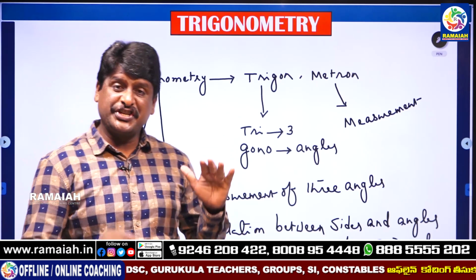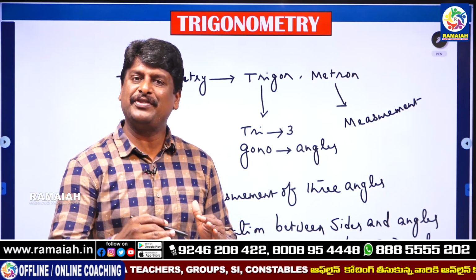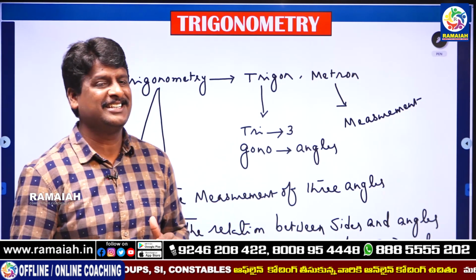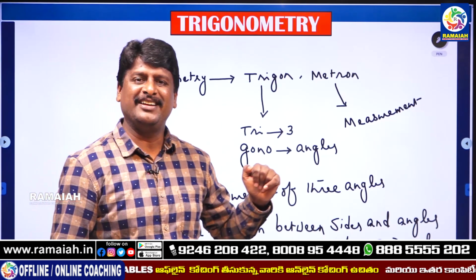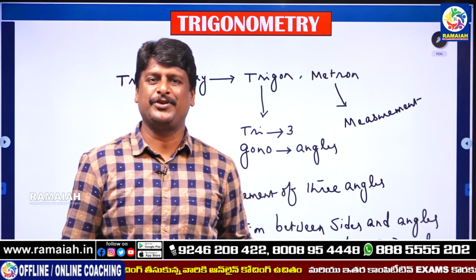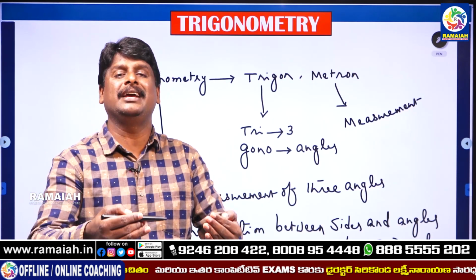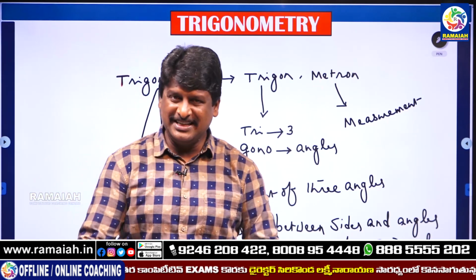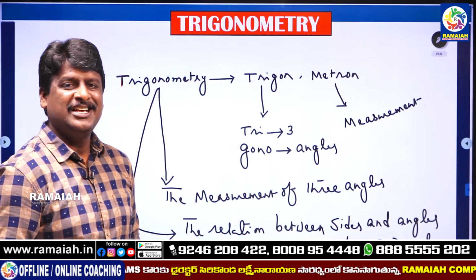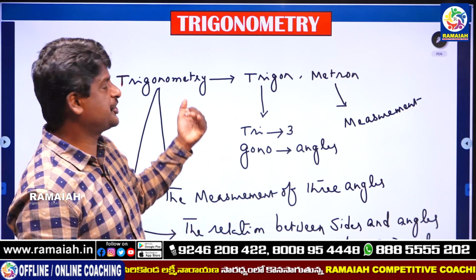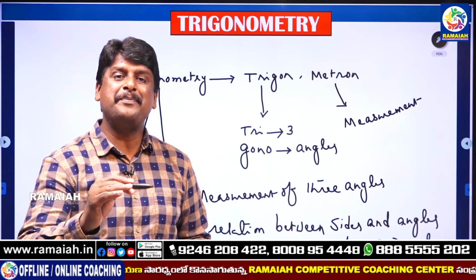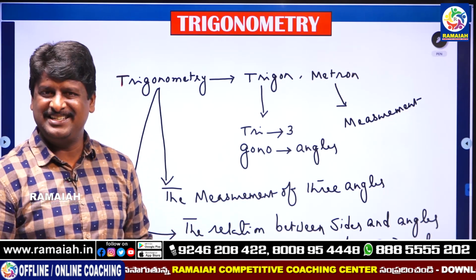Once again, the word trigonometry is derived from two Greek words. One is trigon, another one is metron. Trigon means three angles, metron means measurement. So finally the word trigonometry means the measurement of three angles.